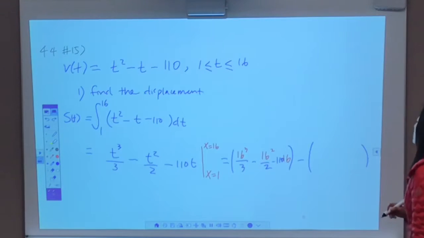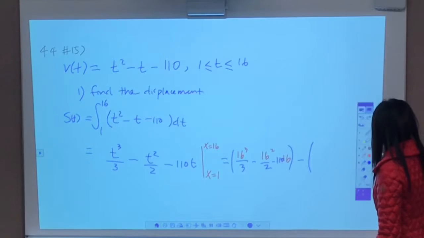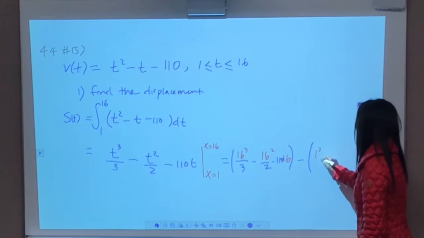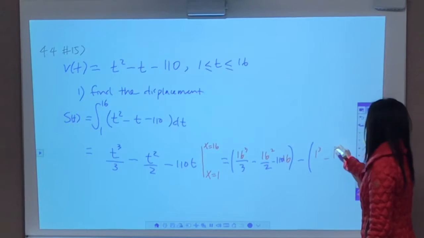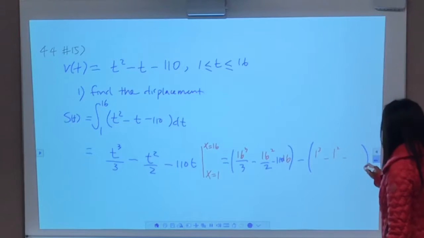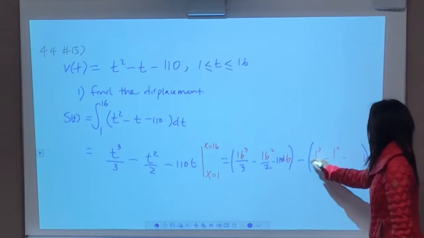Are you with me? Now I'm going to plug in my lower limit. My lower limit is 1. So 1 to the third, minus 1 squared, minus 110, and then the 1 does not change. I'm going to use blue.